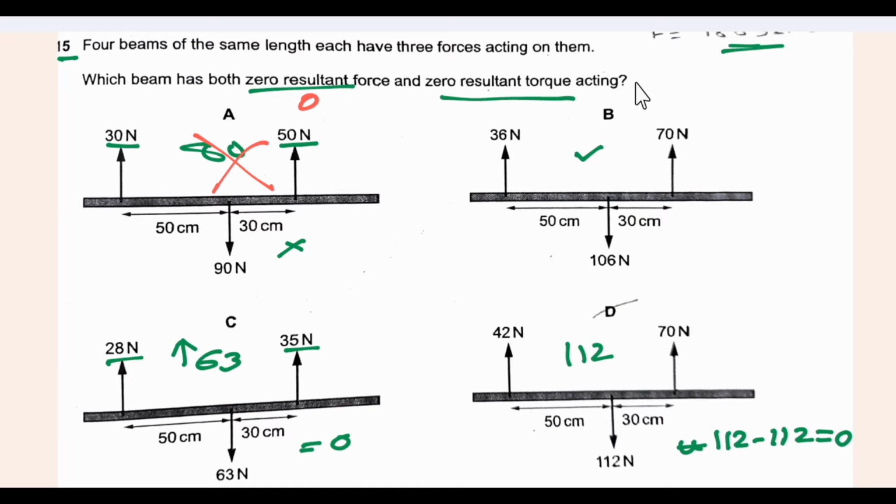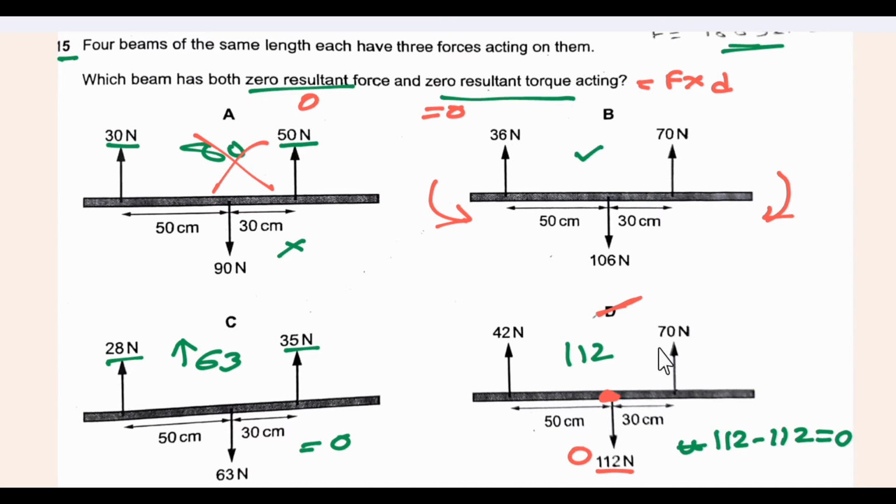Then what is the resultant torque? Torque is the moment, and moment of force is the product of force and the perpendicular distance from the pivot. For these moments we need to find the clockwise moment and the anti-clockwise moment. According to our observation, the answer should be D, and since the resultant moment is 0, the clockwise moment is equal to the anti-clockwise moment. For all the systems, the center is the pivot. If we consider this as the pivot, then for the 112 Newton force, the perpendicular distance from the pivot is 0, so its moment is 0.